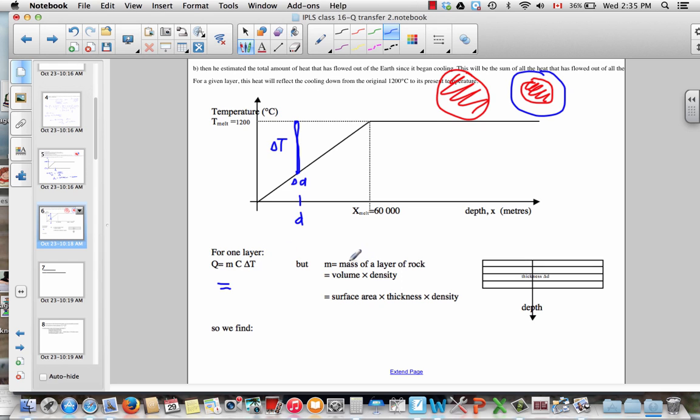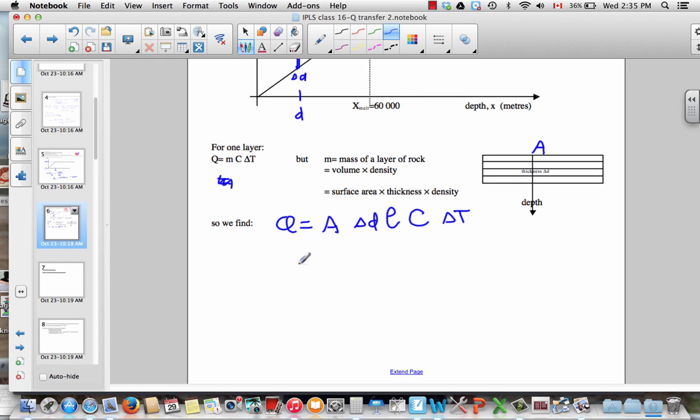But for that mass of a layer of rock, a mass is a volume times a density. And the volume of this little slab is going to be the surface area A times the thickness delta D. So for our Q equation, I'm going to put it here: surface area times the thickness times the density of rock, that's the mass value, and now we've got to put in the specific heat of rock and the temperature difference.